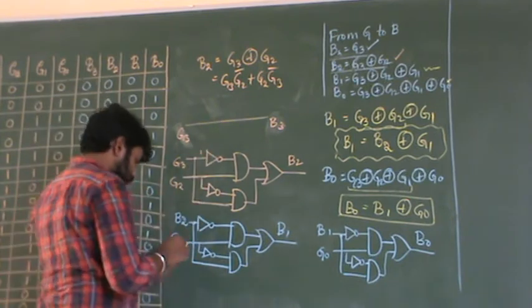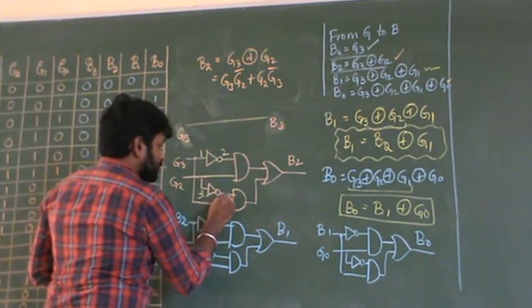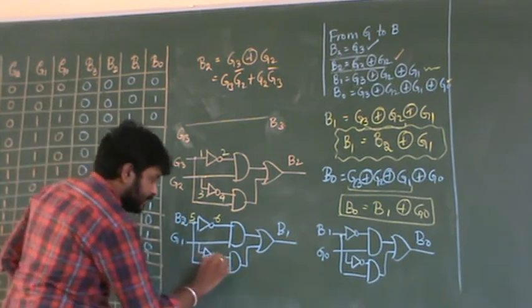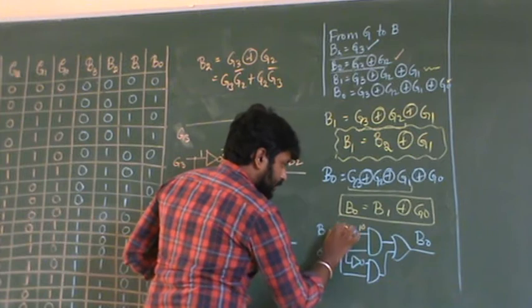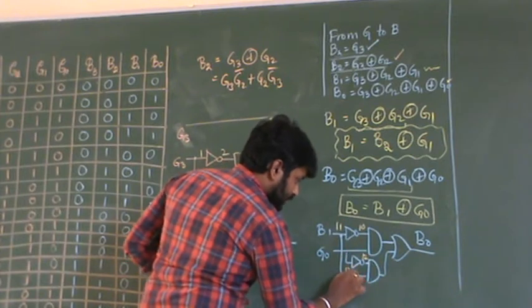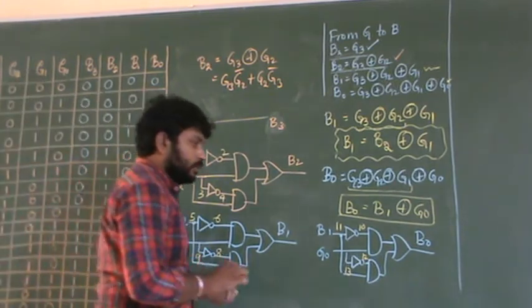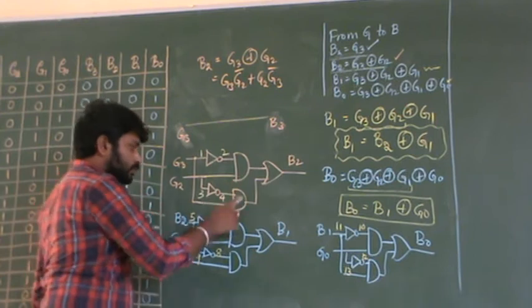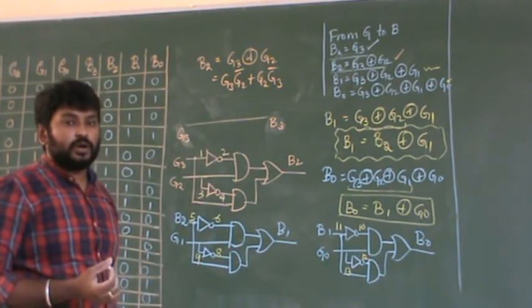So let me use a different chart. Pins 1, 2, 3, 4, 5, 6; 7 we should not use; 8, 9, 10, 11, 12 and 13. Coming to the AND gate, how many AND gates are there? 6 AND gates. So how many ICs of AND gate do you want?